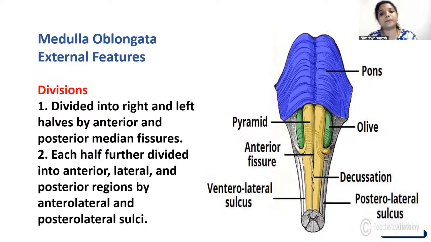What is called the pyramid? From the cerebral cortex, three important tracts are coming: the cerebrospinal tract, the cerebrobulbar or cerebronuclear tract, and the cerebropontine tract.